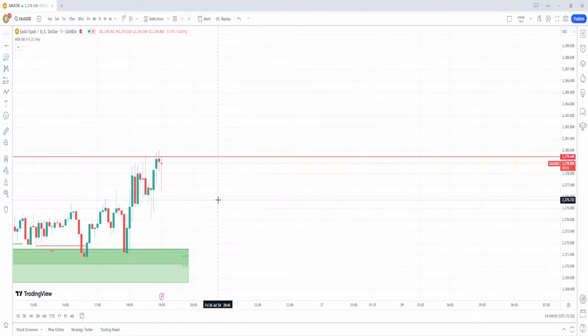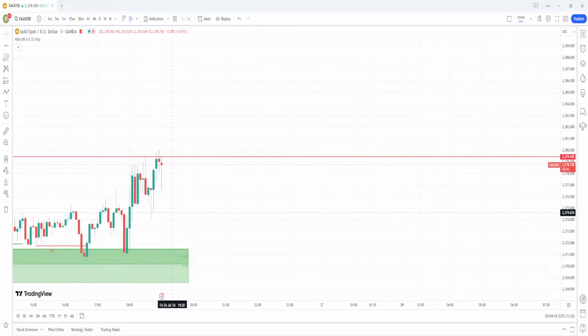By using the Fibonacci tool, we are going to take a trade from there.